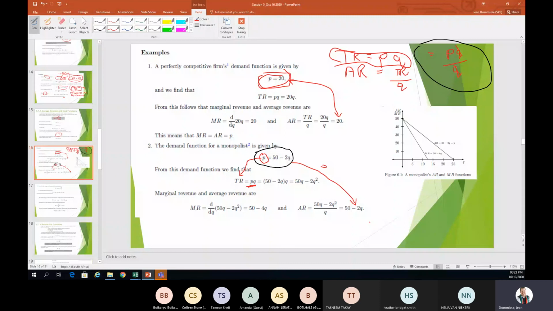So your average revenue is actually the whole time price. So your price function will the whole time be your average revenue. It can be different for cost.